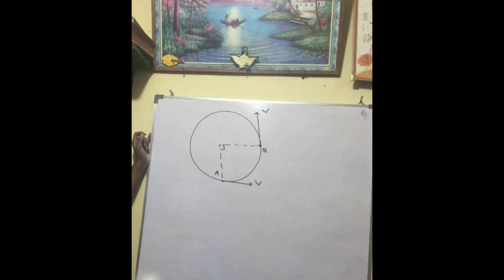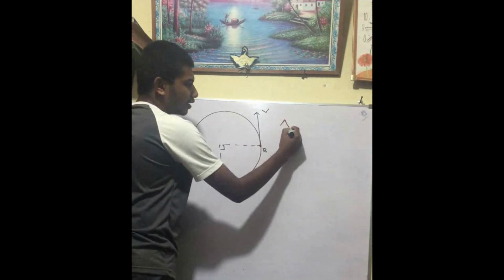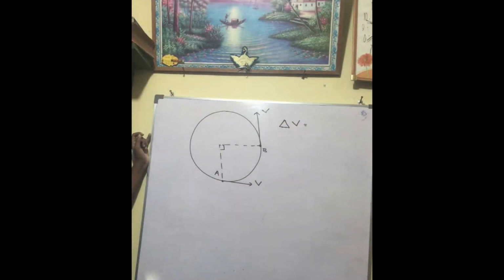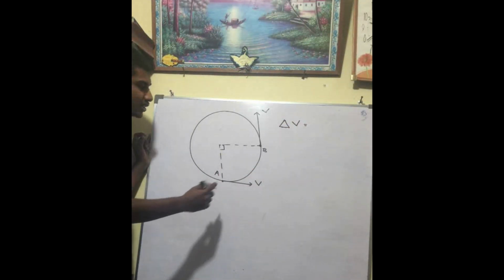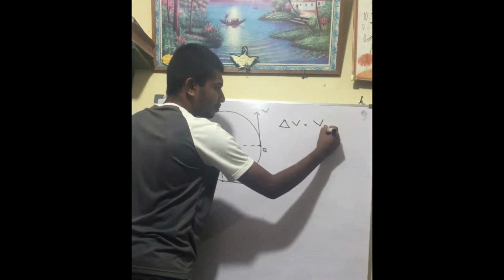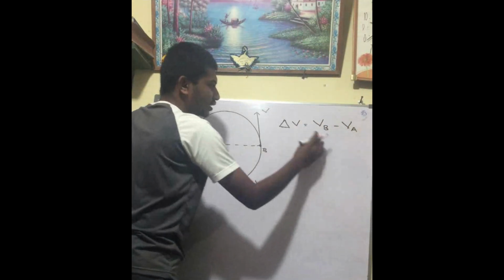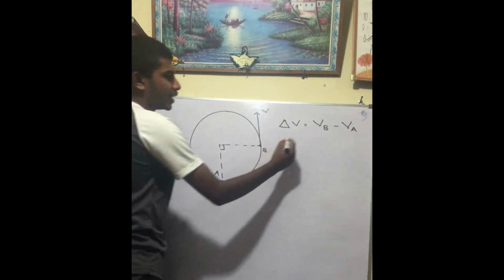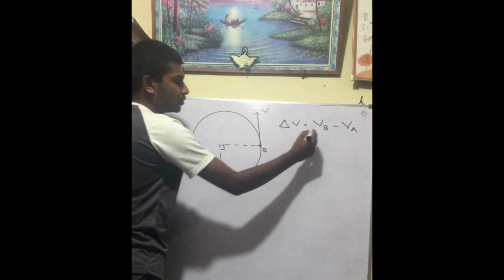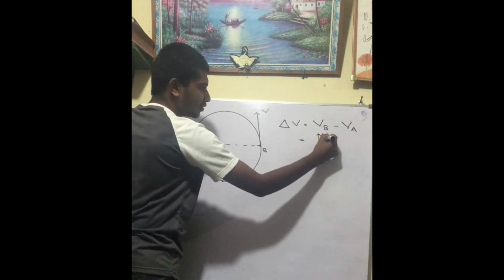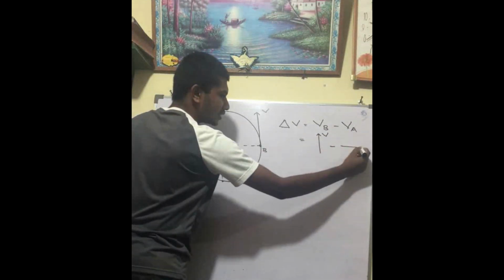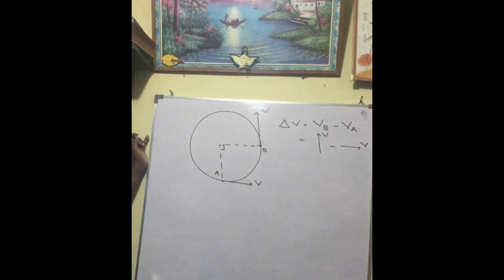So in these kinds of situations, to measure the velocity change, the relative velocity equation is vB minus vA, right? The final one minus the initial one, right? So the final one is in this direction with v magnitude, right? Minus the initial one in this direction with v velocity.